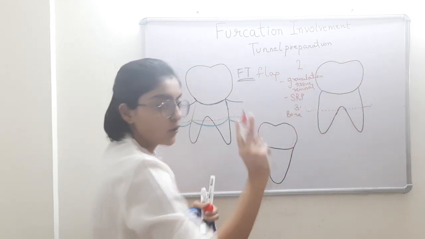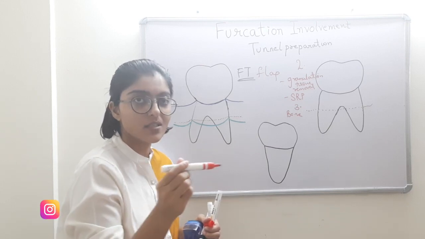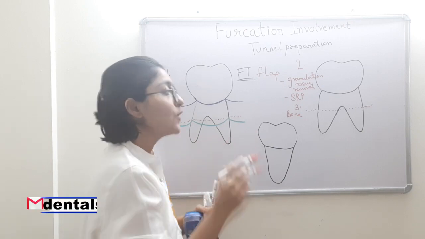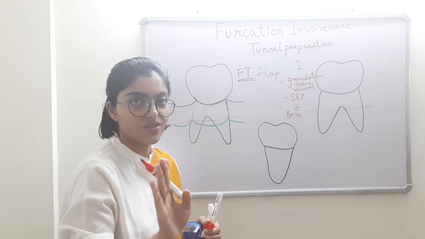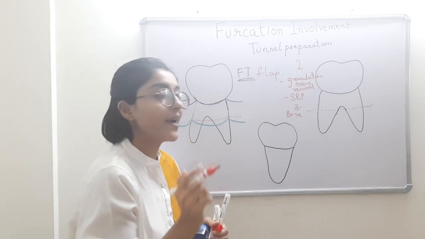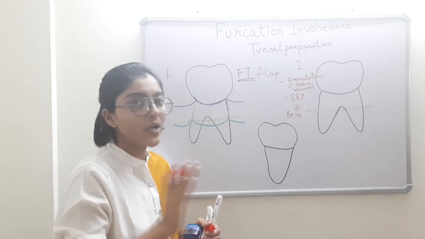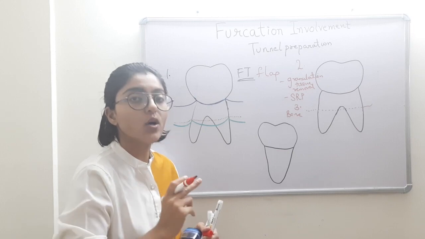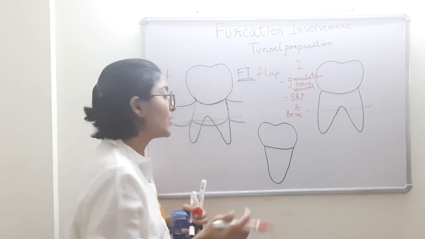If it is a grade 2 lesion, certain amount of interradicular bone in the horizontal manner is still possibly present there, of course, right? So that bone is removed so that we create a through and through lesion first. That component of interradicular bone is first removed, and then once it is grade 3, that is through and through bone loss in horizontal component manner, then we remove the interradicular bone entirely.